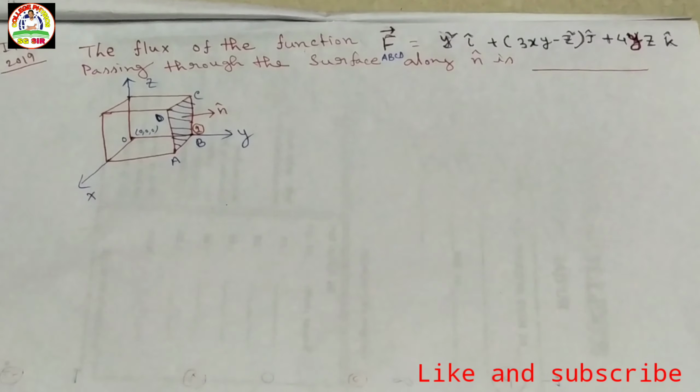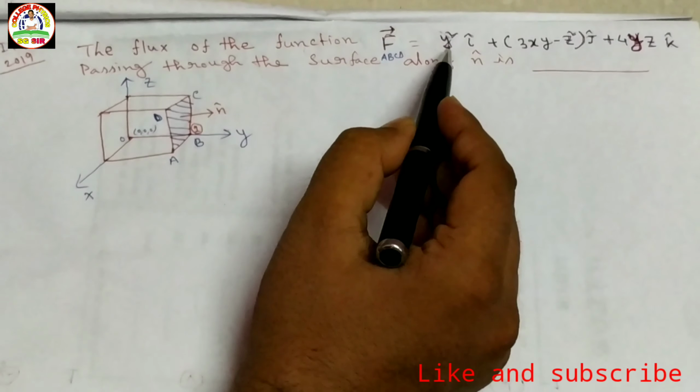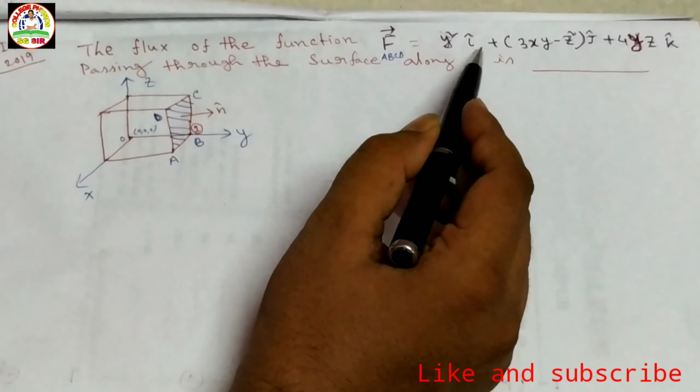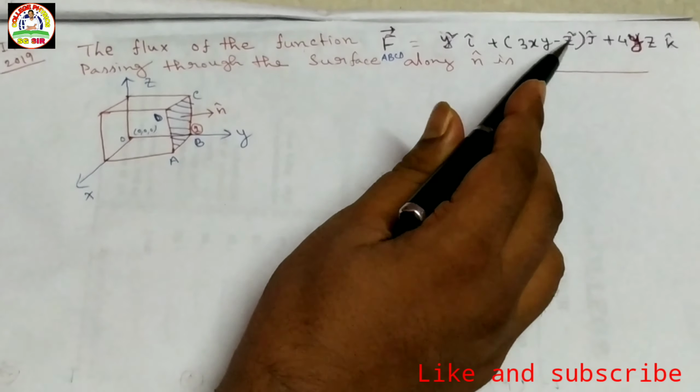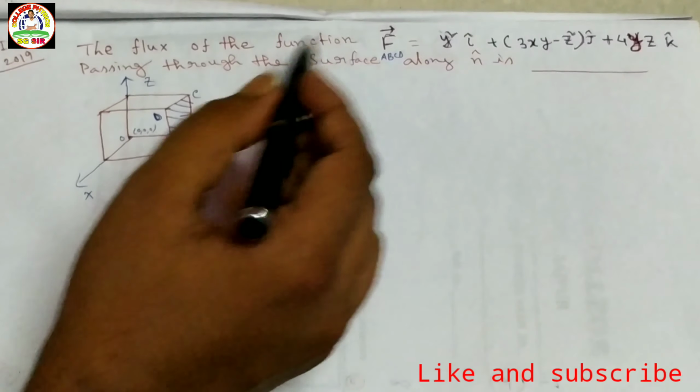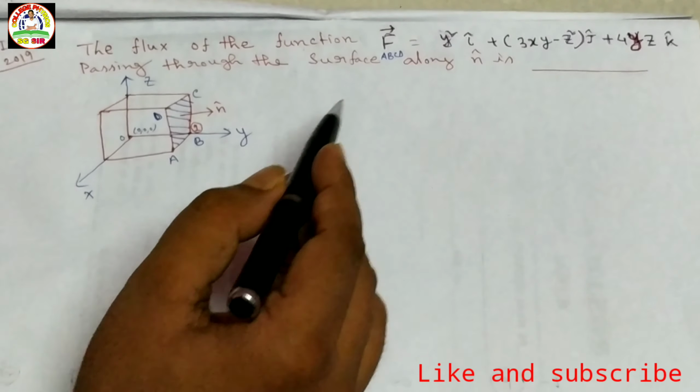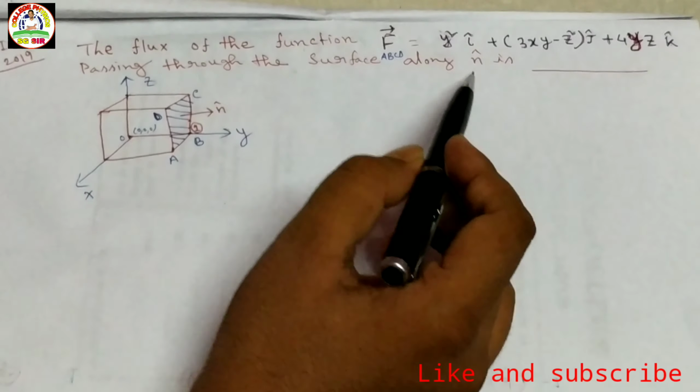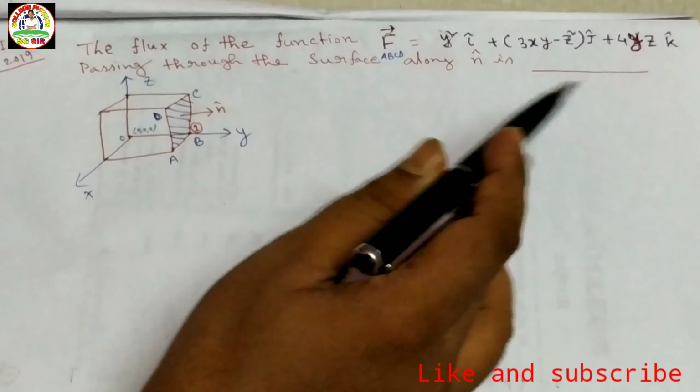Now we discuss another important problem from IIT JAM 2019. The question asked: the flux of the function f is equal to y square i cap plus (3xy minus z square) j cap plus 4yz k cap passing through the surface ABCD along n cap is dash.